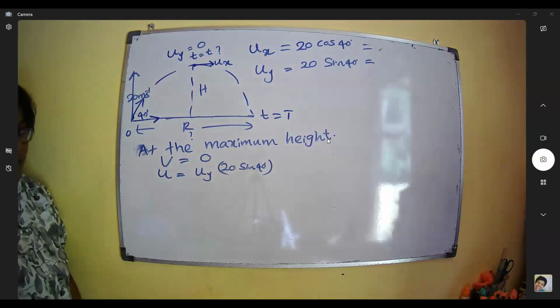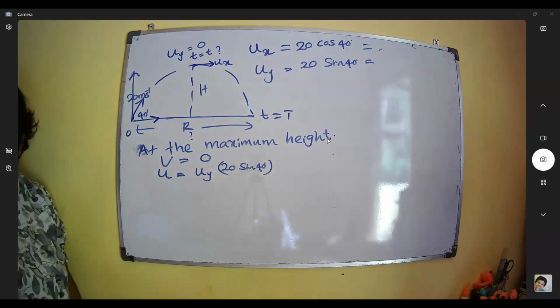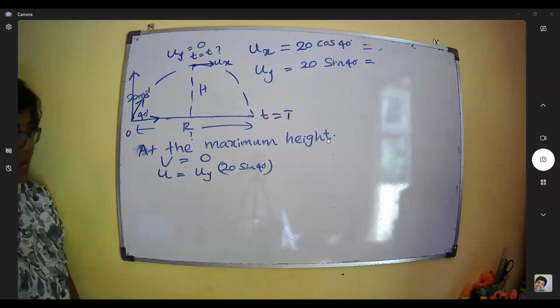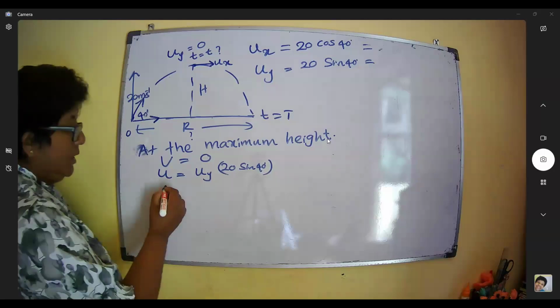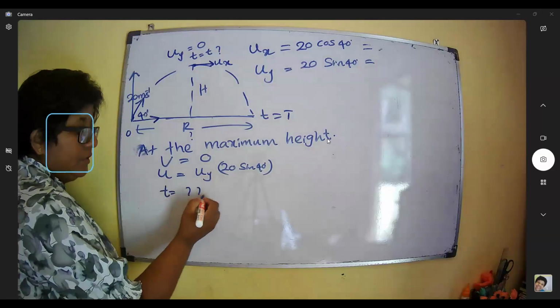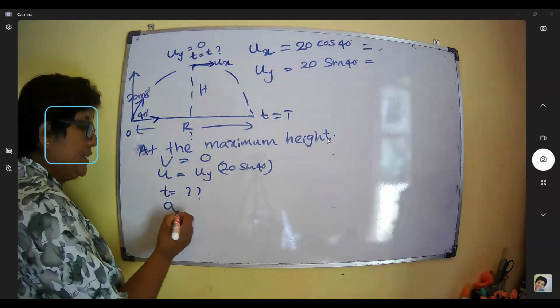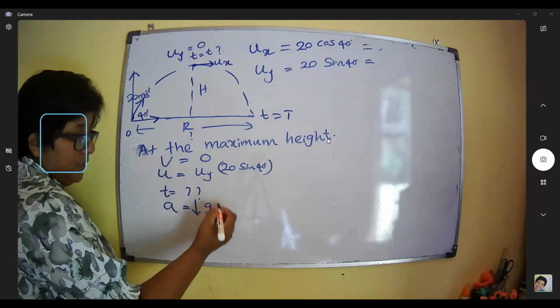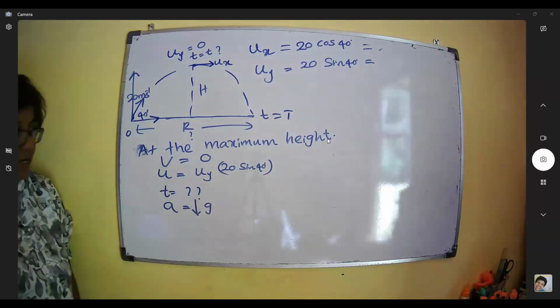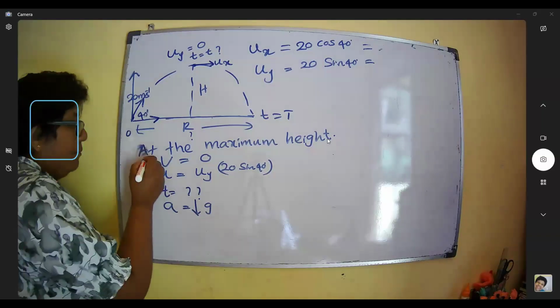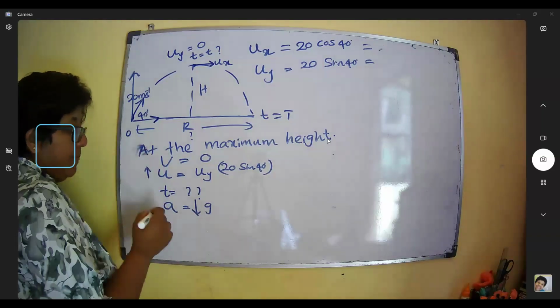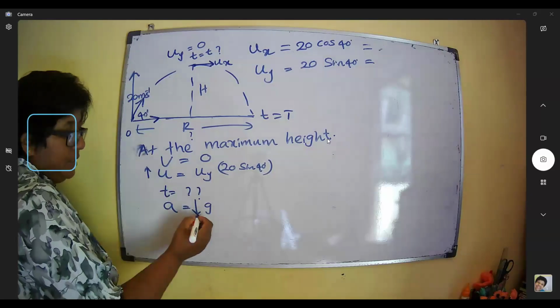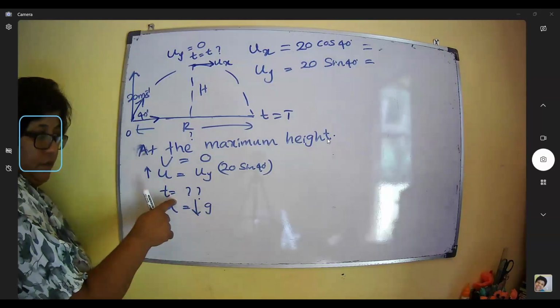I will explain the theory part. U is equal to Uy, 20 sin 40. And the question is asking for the time interval T. What equation can we use? We know a is the acceleration due to gravity, g, acting downwards. The motion upward is opposed by this, which acts downwards.